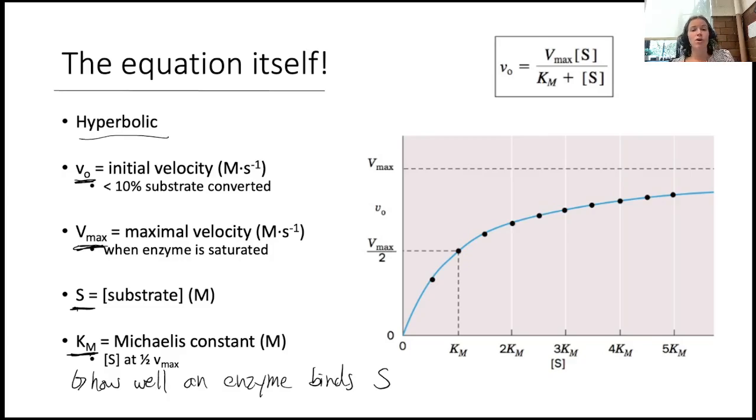So for example, if we're looking just at a typical graph of kinetics, we can find this Km. First thing we do is find 1/2 Vmax on the graph. So if this is 1 Vmax, this is 1/2 Vmax. We can take this to the right where it hits the curve, and then drop it down to the bottom here where we have Km.